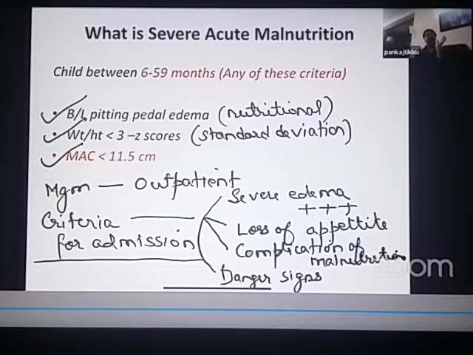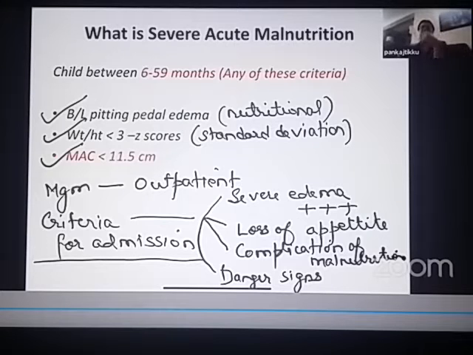Is it clear? So severe acute malnutrition can be managed in the OPD, can be managed in the hospitals after admission. So what is the criteria for hospitalization? Severe edema. Second, loss of appetite. Third, complications of malnutrition. And fourth are the danger signs.